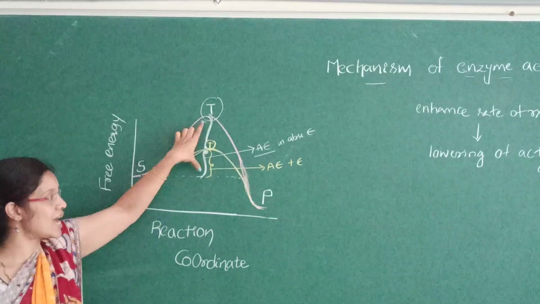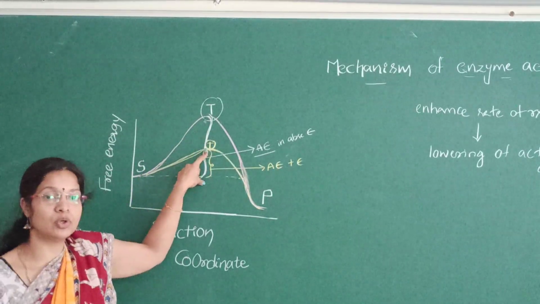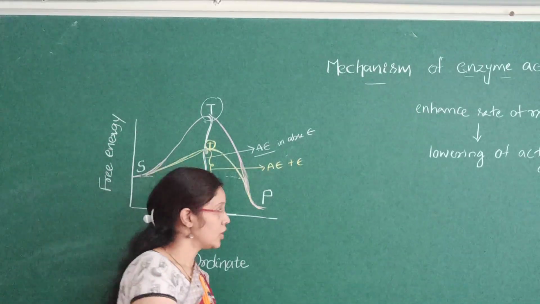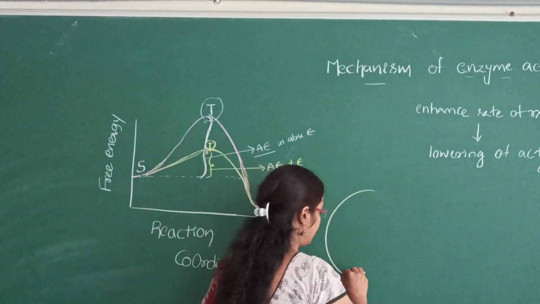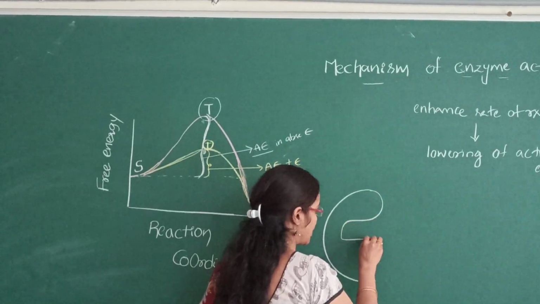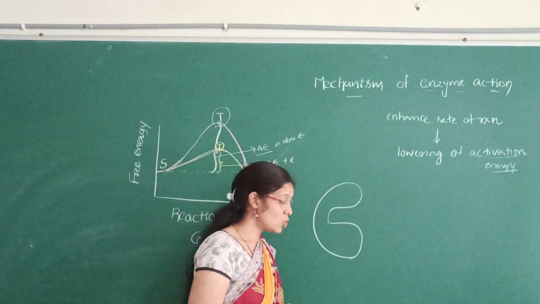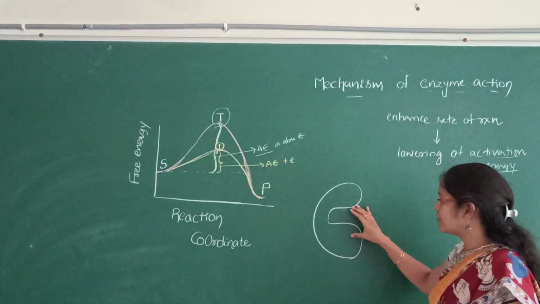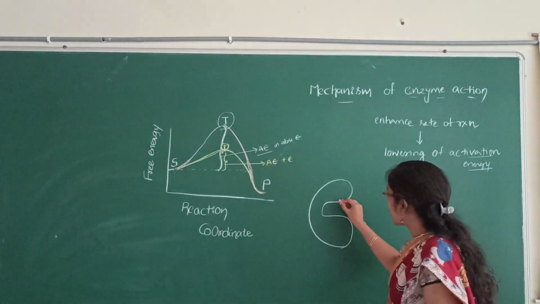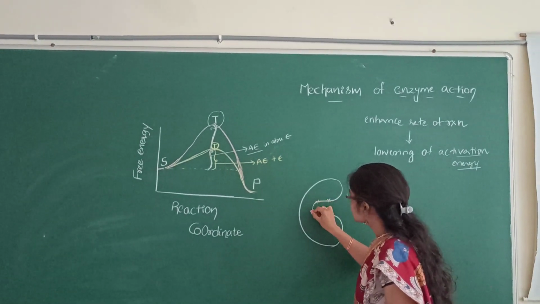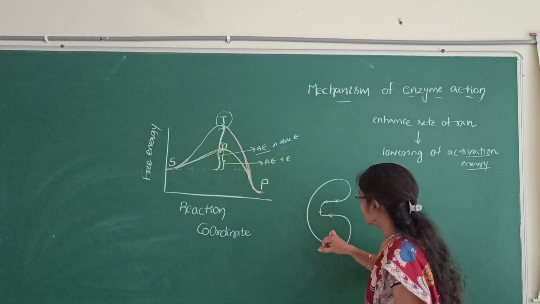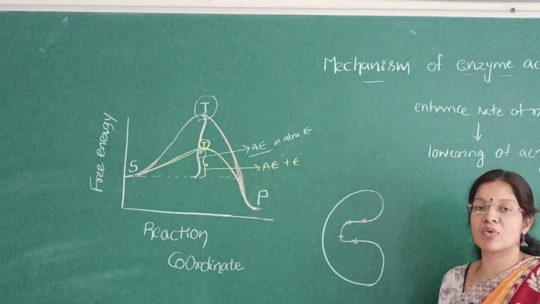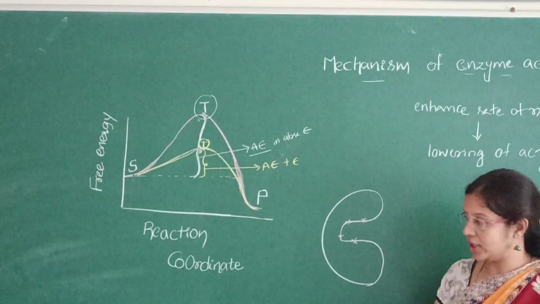Now we shall see exactly how this enzyme is able to lower the activation energy. If this is the structure of your enzyme, while discussing properties of enzymes, I told you that enzymes are folded in such a way that the active site has the functional groups of certain amino acids required for binding of the substrate molecule.